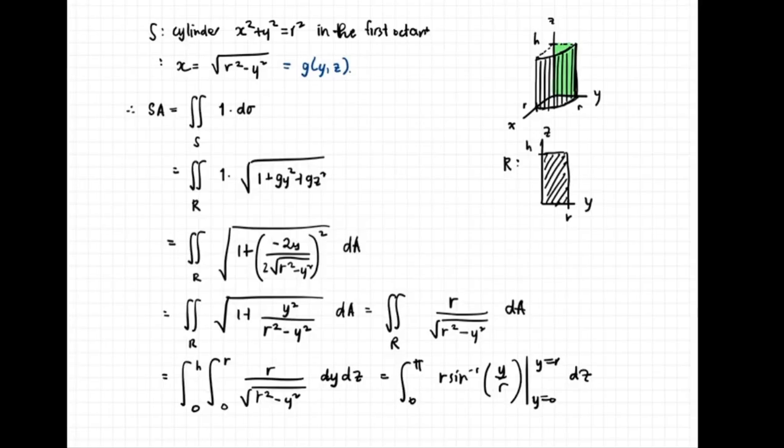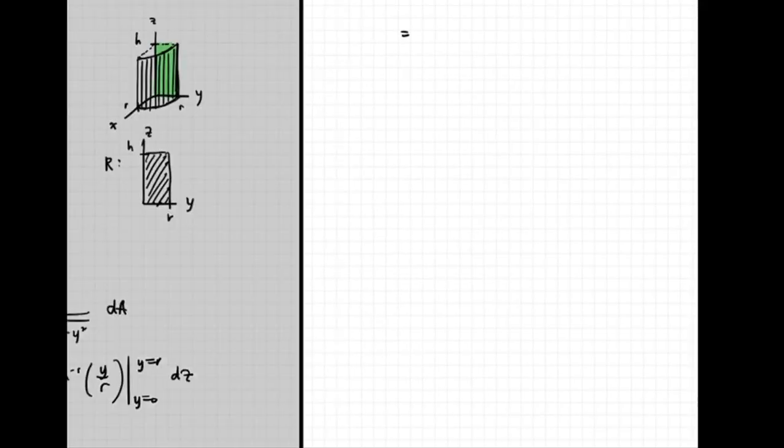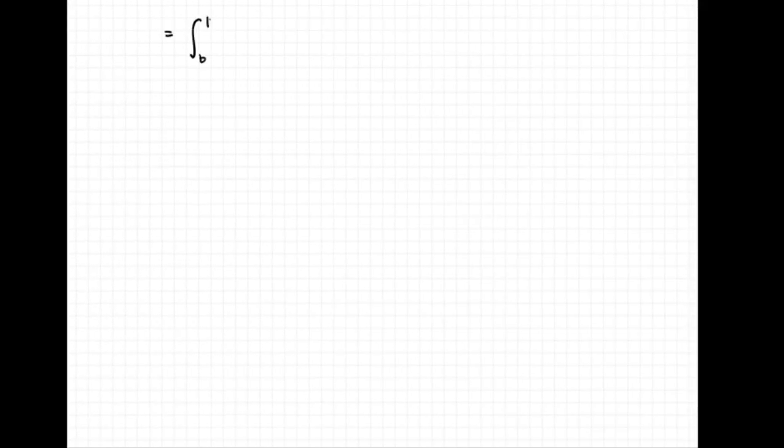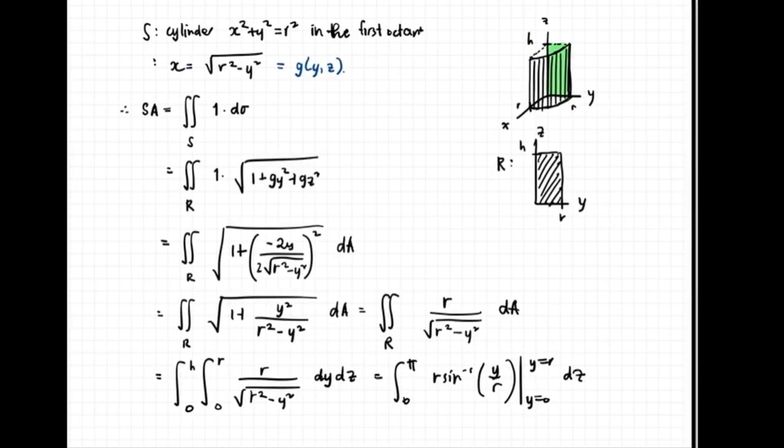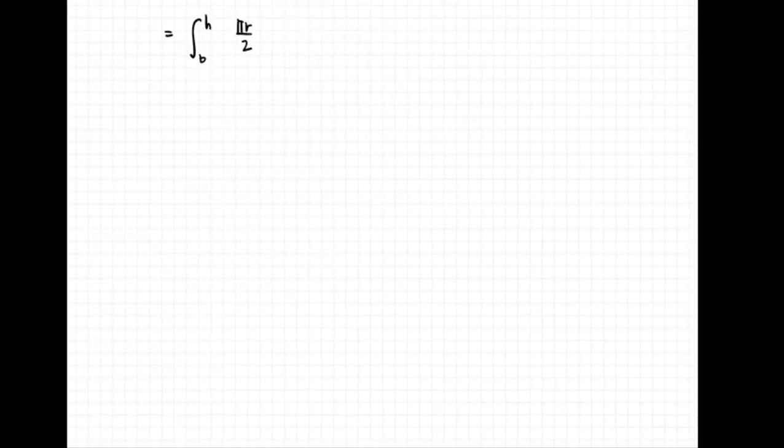And so this is equal now to, when y is r, you have here sine inverse of 1, which is pi over 2. So you have here the integral from 0 to h of pi r over 2 minus, when y is 0, sine inverse of 0 is 0. So you have here pi r over 2. Integrating this with respect to z, this is constant, take note. So you have here pi r z over 2 evaluated from 0 going to h.